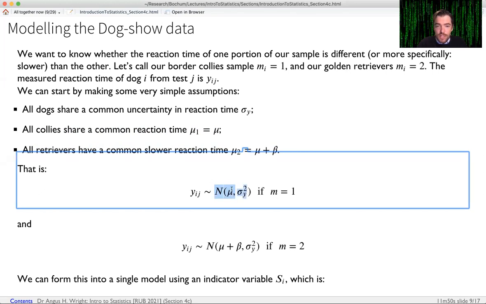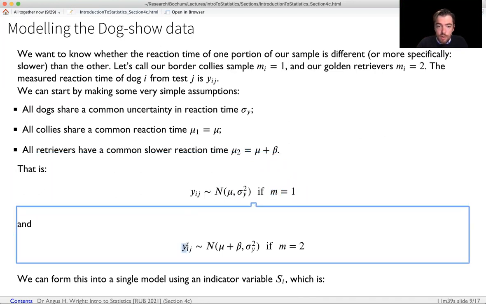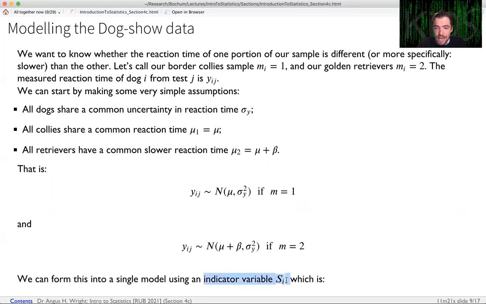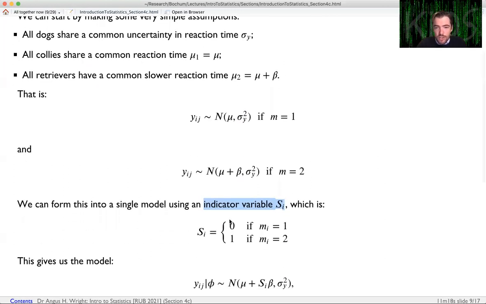So the observed reaction times of our dogs are drawn from a Gaussian distribution with mean time mu and scatter sigma squared y if they're a border collie. If they're a golden retriever, the observations are drawn from a slightly different Gaussian, which has some offset in the mean reaction time, with the same scatter. You can formulate this as a single probability using an indicator variable S, which is 0 if it's a border collie and 1 if it's a golden retriever.